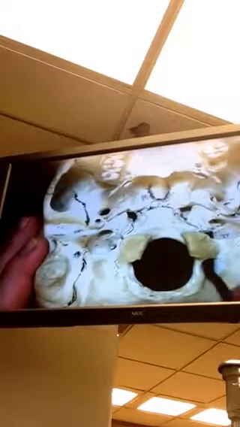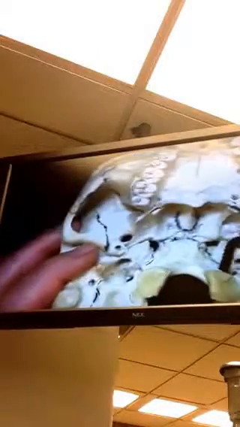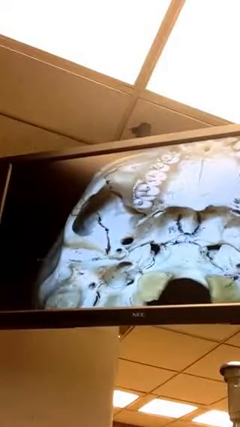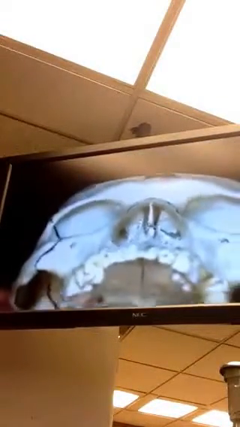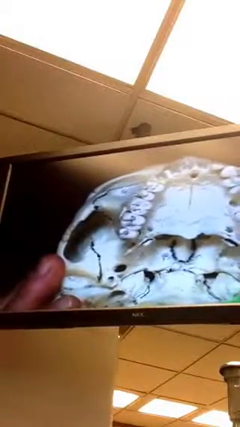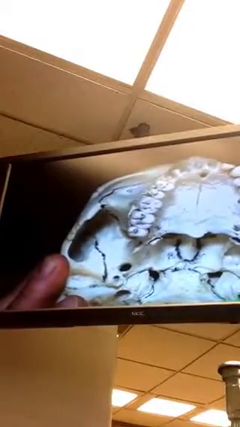It does have a hypoglossal canal, coming in underneath the condyle. Okay, so this is a hypoglossal canal.